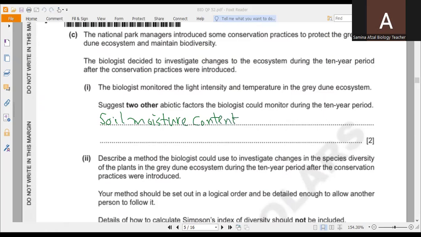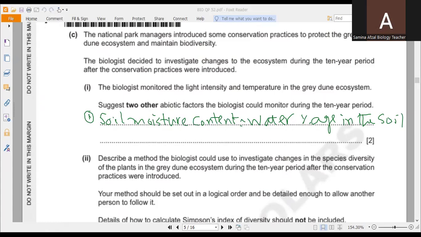How much water is present in the soil, whether this soil is applicable for that ecosystem, for different processes or for the growth of the plants. So soil moisture content can be one factor. Water availability is a key limiting factor. So water percentage in the soil, without water nothing can take place.